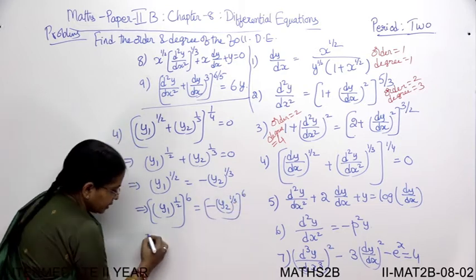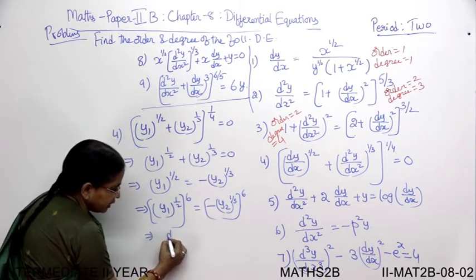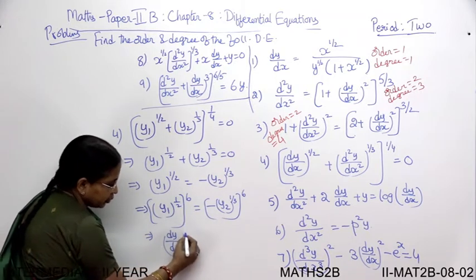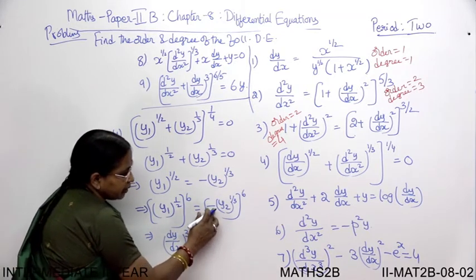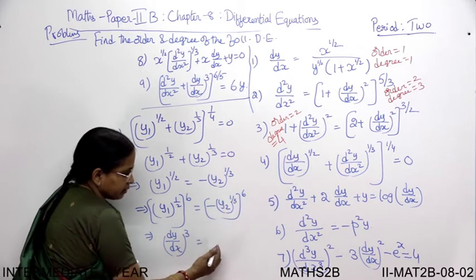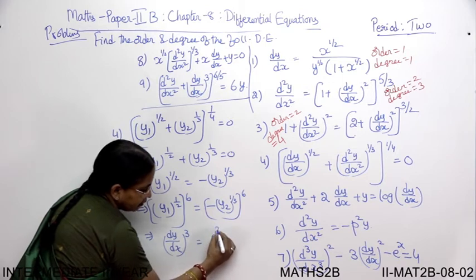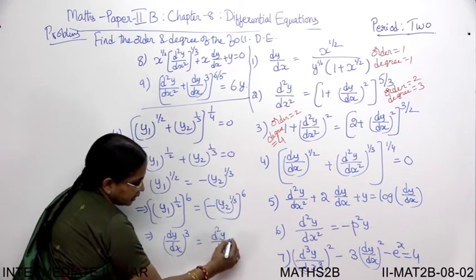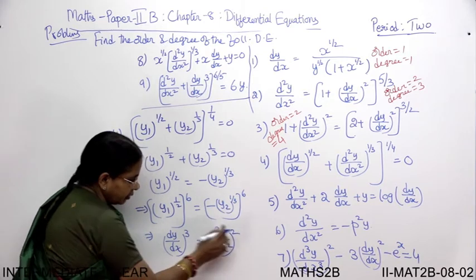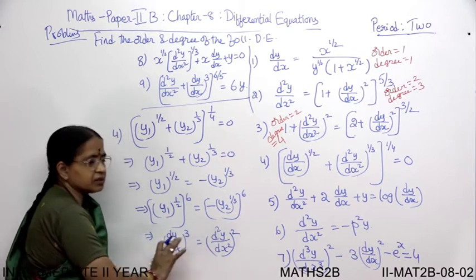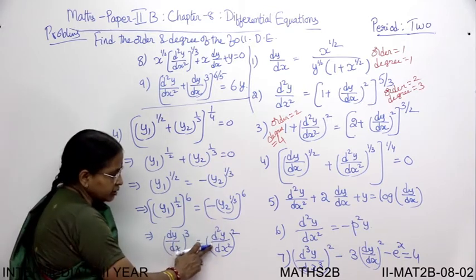Then what happens? This becomes y1, means dy by dx, whole to the power 6 by 2, that means 3, is equal to minus 1 power 6, which is plus 1 only. So it is y2. y2 means d square y by dx square whole to the power 6 by 3, that is 2. Okay, now this is your equation which is free from radicals. Fractional powers are removed. So now what is the order?